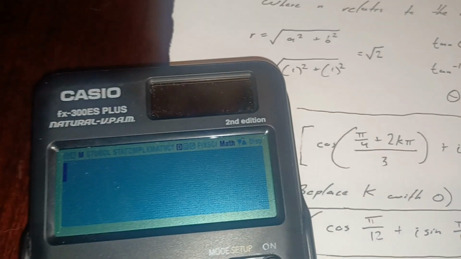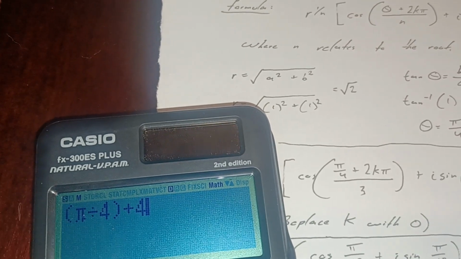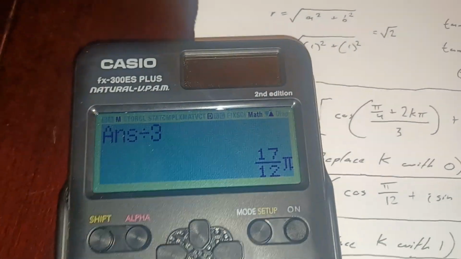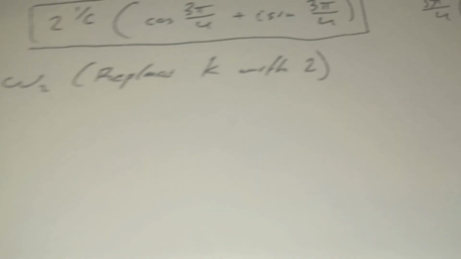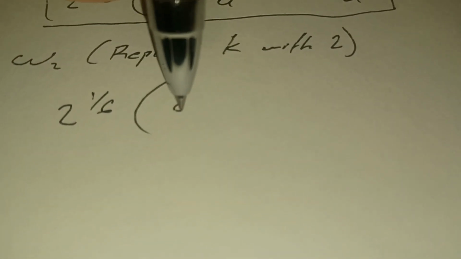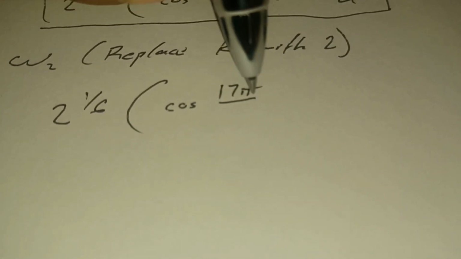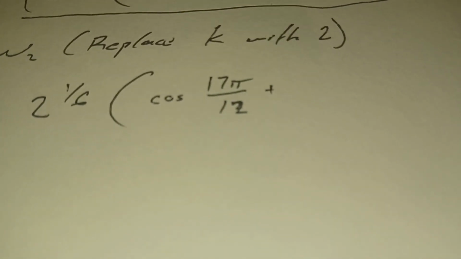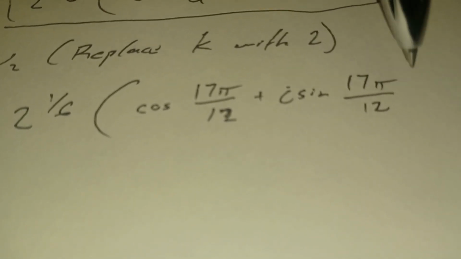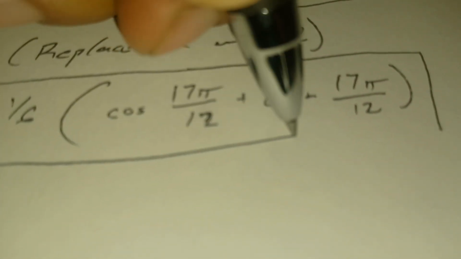On the calculator, pi divided by 4 plus 4 pi, divided by 3, is equal to 17 pi over 12. So 2 to the 1/6 power, cosine of 17 pi over 12 plus i sine of 17 pi over 12. That's going to be your third answer, so box it.